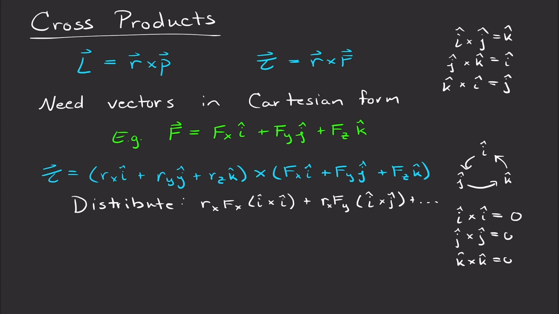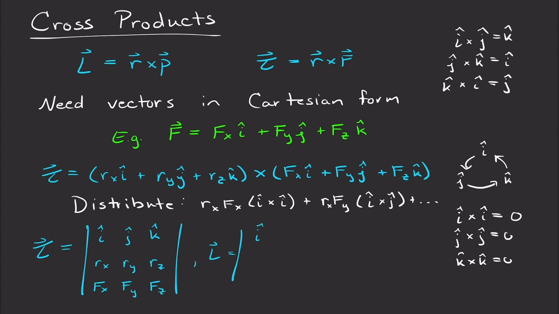Okay, so this is one way, and often the easiest way, to evaluate a cross product and find these angular variables. But you can also use the determinant of a 3x3 matrix. You can do this by putting your unit vectors in the top row, and then putting the x, y, z components of your vectors in order: r in the second row, and then your force in the last row. And you can do the same thing for angular momentum.